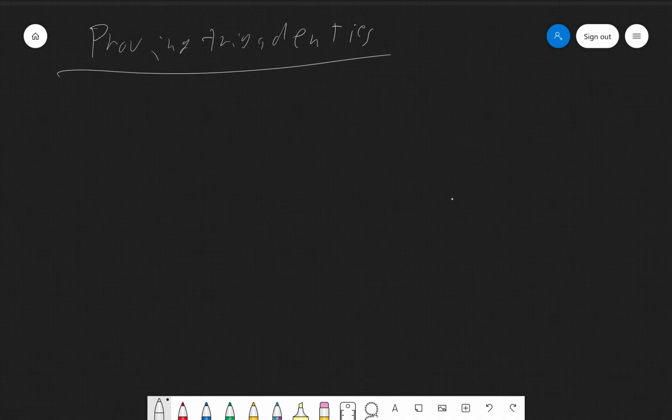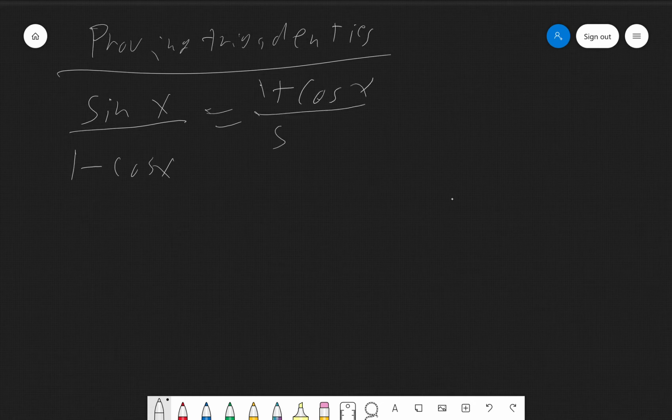Okay, so an example is: prove the following trigonometric identity. Sine of x over 1 minus cosine of x equals 1 plus cosine of x over sine of x.